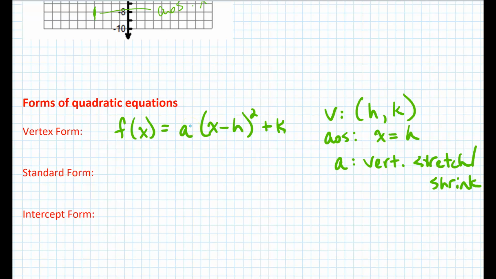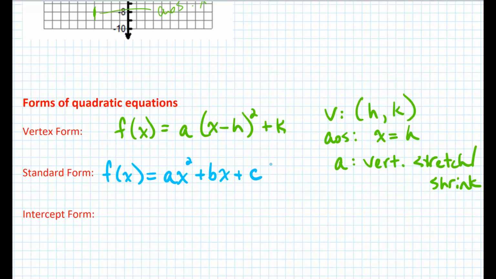Okay. Well, we also have standard form, which is f of x is equal to ax squared plus bx plus c. And we'll talk more about the standard form in a few minutes.